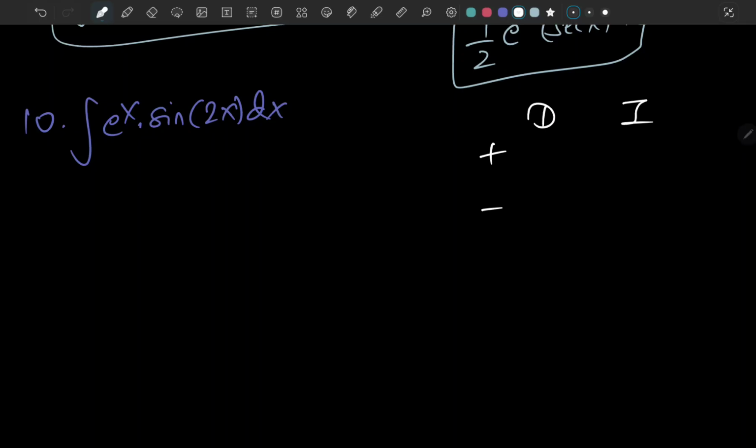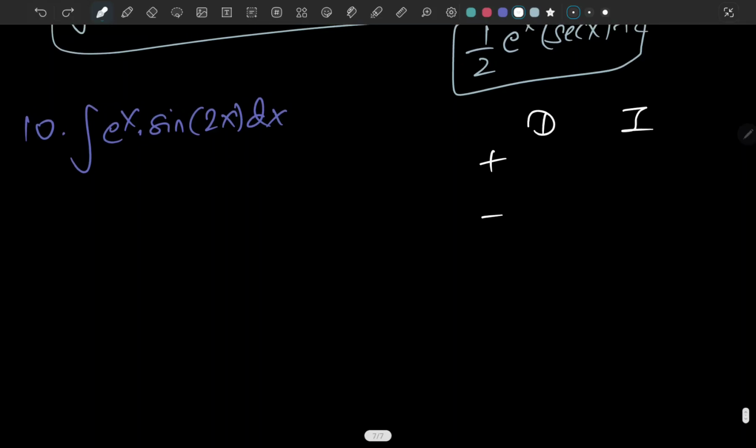I'm warning you guys, please don't use this method in your exams. It's not made for exams, otherwise you will not get any marks. So use the basic method, like I said earlier. I'm talking about India, but I'm not sure about other nations. But in India, we have to deal with that only.